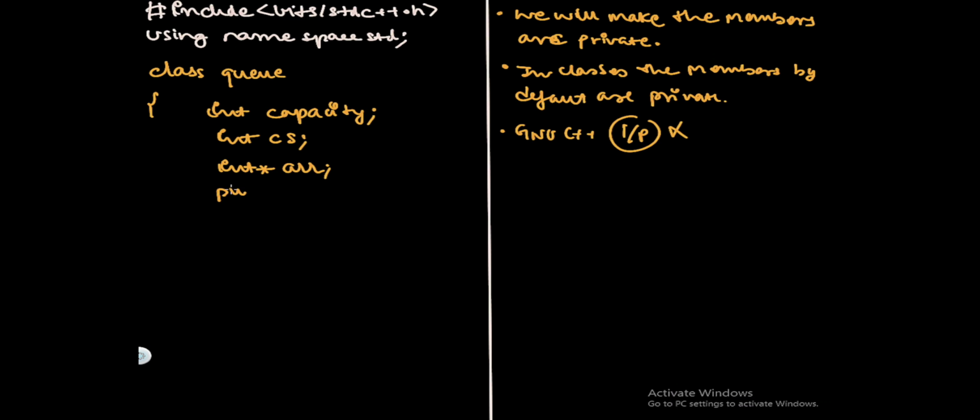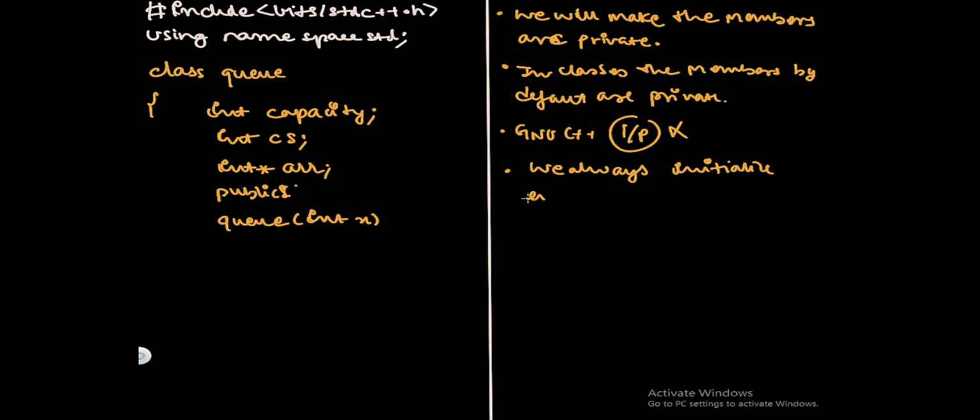Then I would make a public section. Then what do we need? We would need a constructor. Why a constructor? Always try to remember, we always initialize everything inside the constructor of the class.